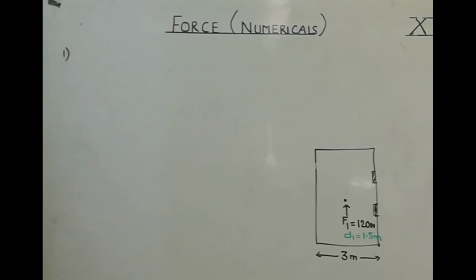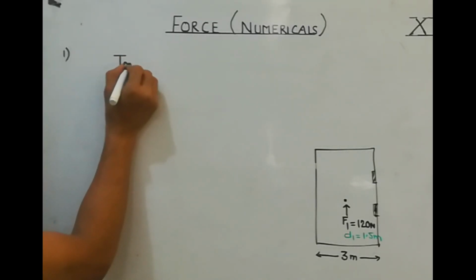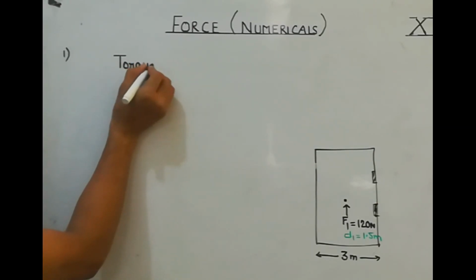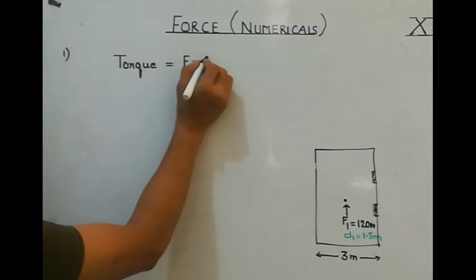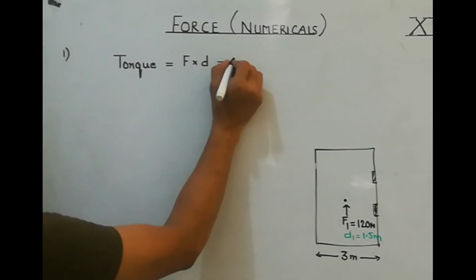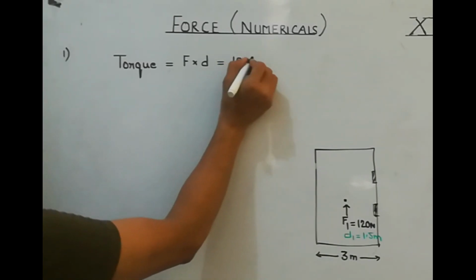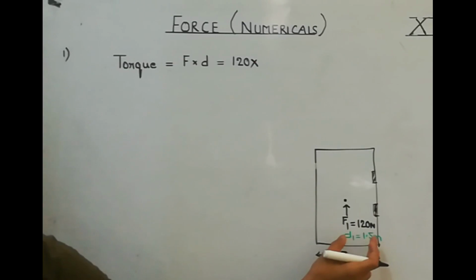So here, if the force is known and the perpendicular distance is known, you can calculate the torque required. So the torque required: force he applies 120 Newton, and at what distance he applies the force?